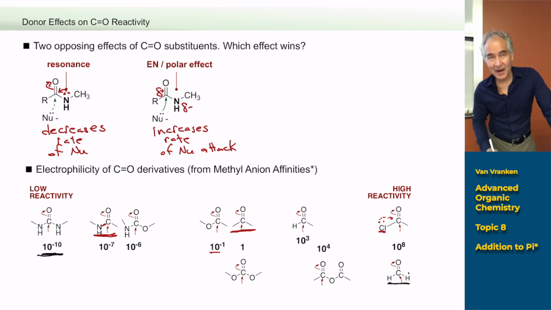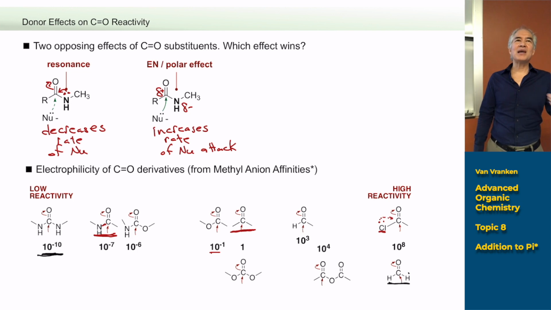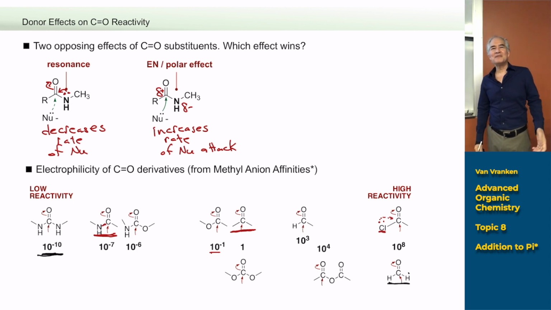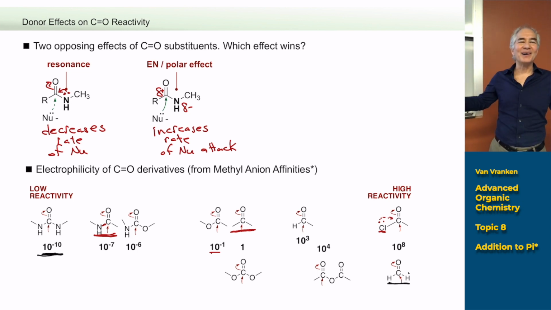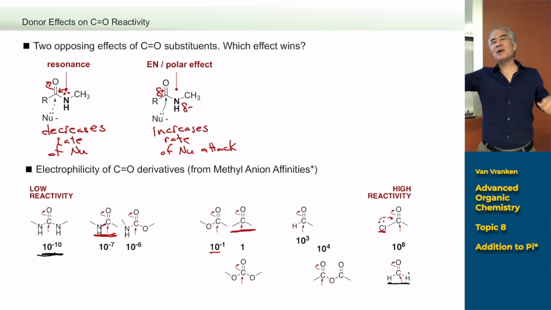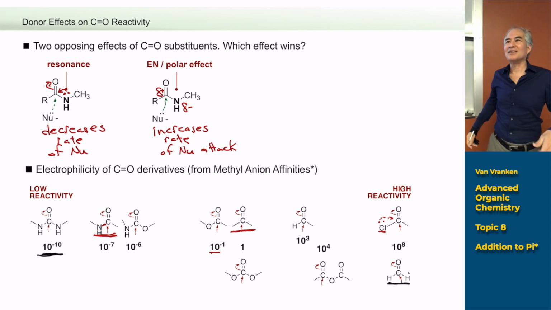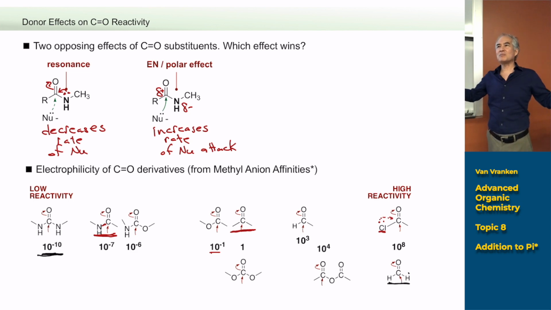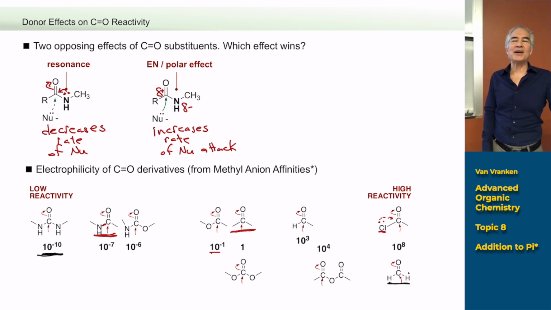Boy, formaldehyde is just crazy reactive. This is why you can't buy formaldehyde. If you buy formaldehyde, it's a polymer. The lone pairs of one formaldehyde oxygen add to the carbonyl of another, and it just forms long polymers. You buy the polymer of formaldehyde called paraformaldehyde. It's not stable as the monomer because it's so reactive.